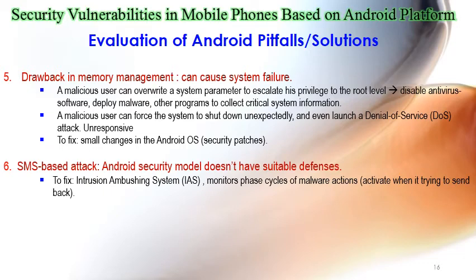The Android security model doesn't have suitable defenses against SMS-based attacks. Also, there is a proposal to solve this issue by using the IAS system to monitor malware action in the mobile system.